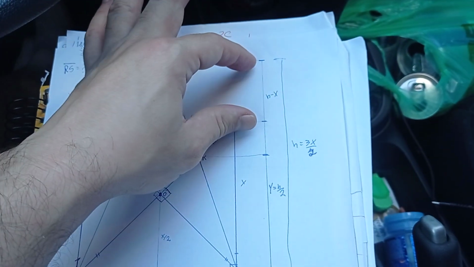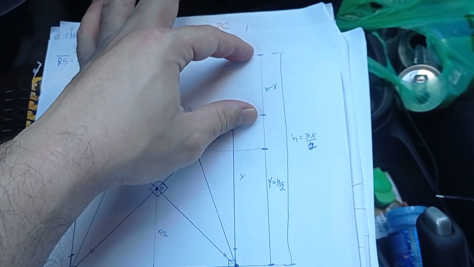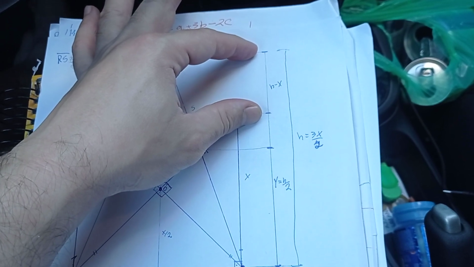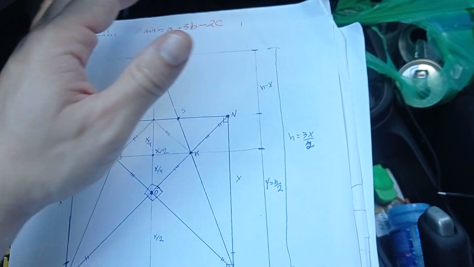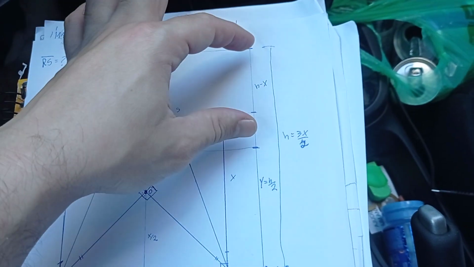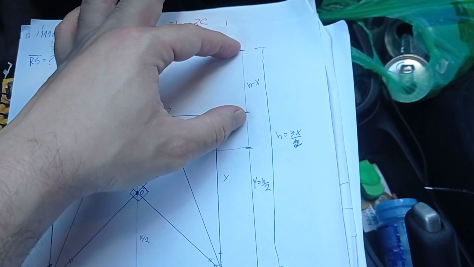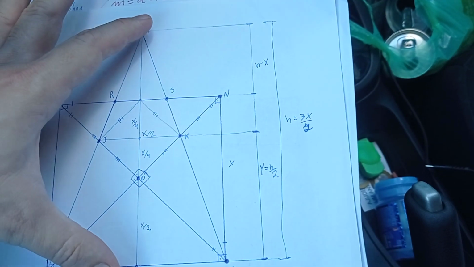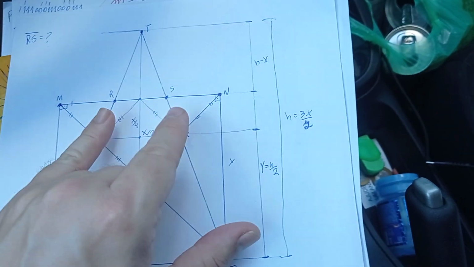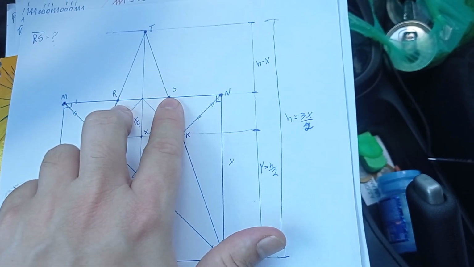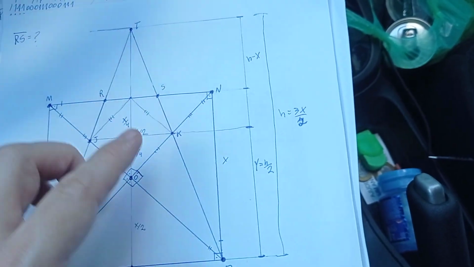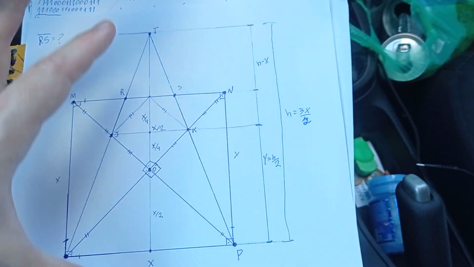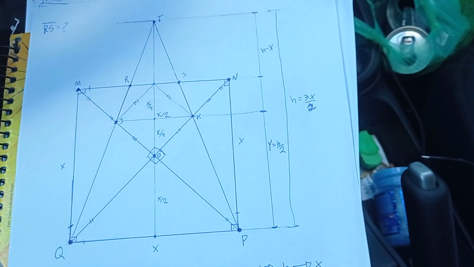So now we have to discover this length, h minus x, which is half of x. And we will relate this size with this size as proportional to the base length and the height of the smaller triangle with the base length and the height of the bigger triangle.